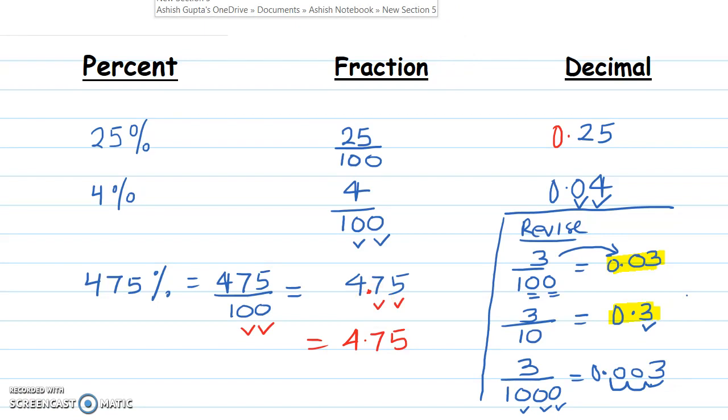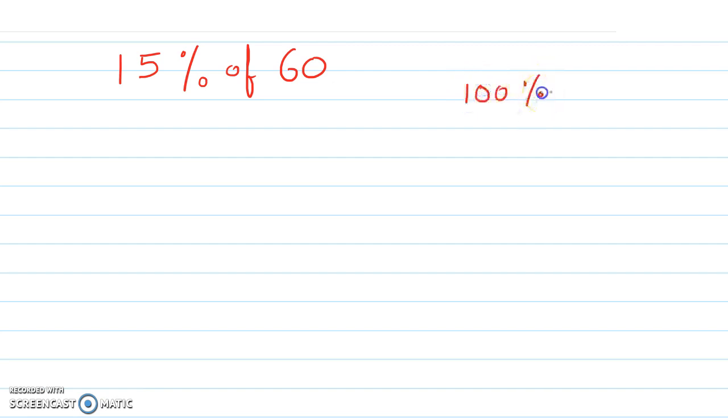Okay, let's move on. Here we need to calculate 15% of 60. I'm just going to give you a very good example. 100% of 60 is 60. 50% of 60 will be half, that is 30.